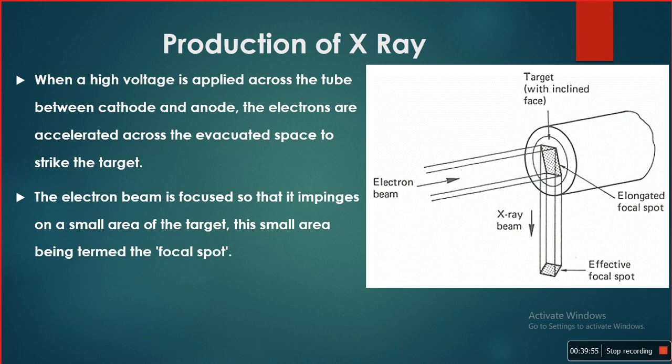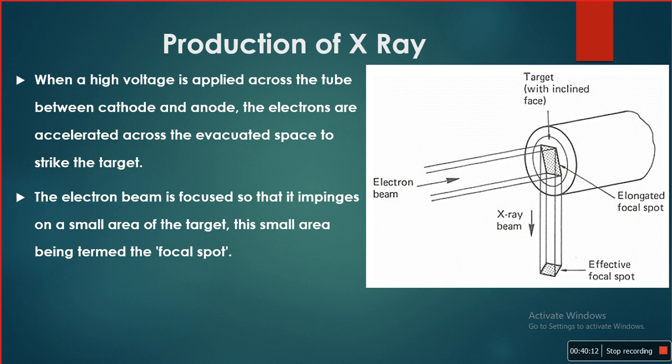So to get a sharper image of the component on the radiograph, a smaller focal spot will help in generating a sharper radiograph.